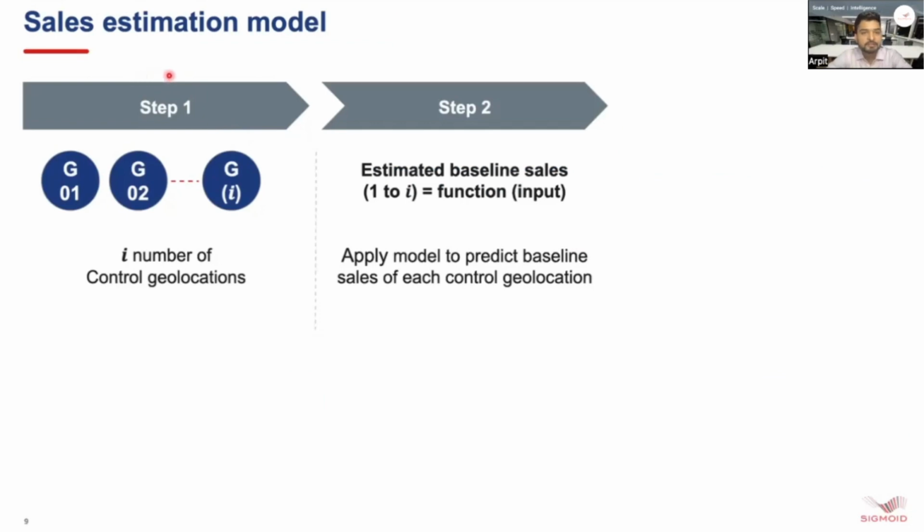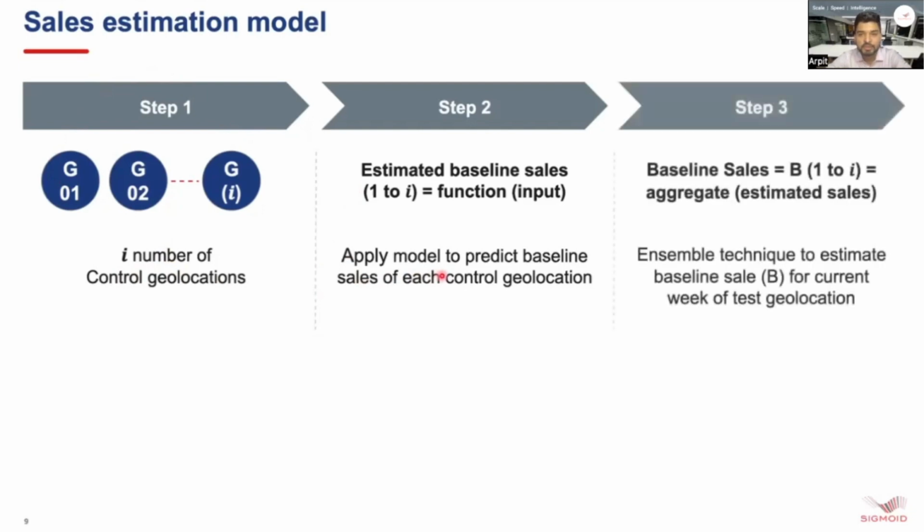So in the sales estimation model, for each test geolocation, we have I number of control geolocations. In step 2, we apply a model to predict baseline sales for each control geolocation. Once we have baseline sales from each control geolocation, we apply an ensemble technique to estimate the baseline sales, which will be an aggregate of all those baseline sales estimated using the control geolocations.